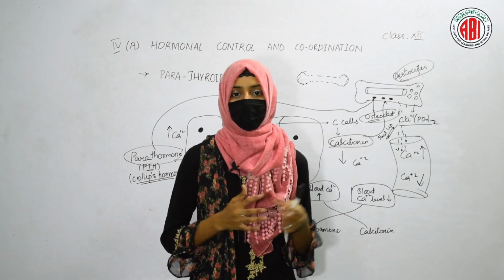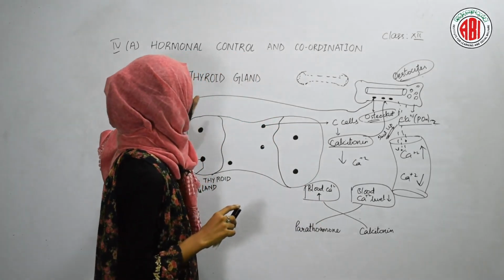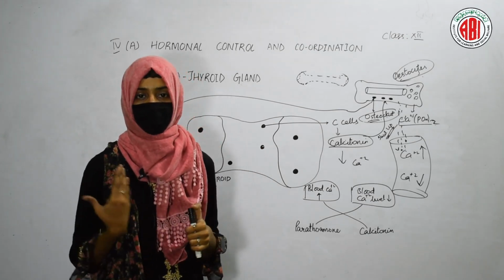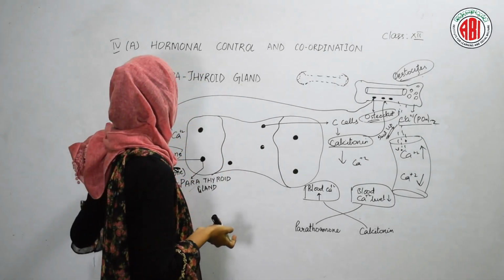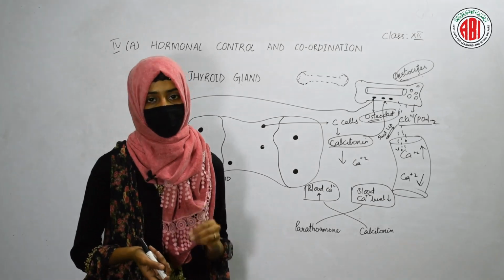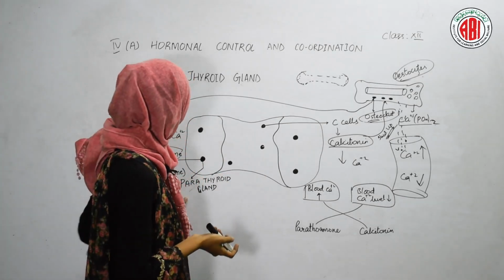Okay, so here we have seen that the thyroid gland is present, which is responsible for the secretion of thyroid hormone, and one more gland is found, the parathyroid gland, which is not under the control of the pituitary. The pituitary gland is not responsible for the stimulation of the parathyroid gland.